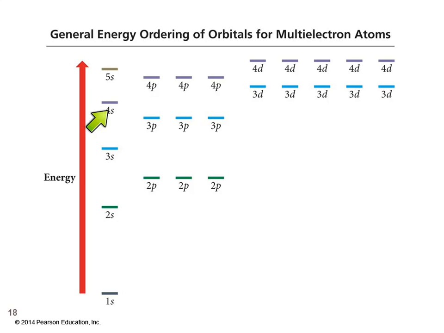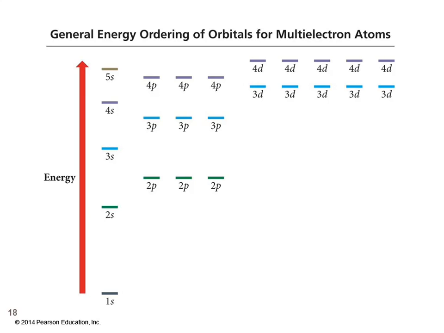So it goes 4s, 3d, 4p, 5s, 4d. You're like, oh my goodness, what a jumbled up mess. It looks like a mess. There are patterns though, and we'll show you how you can remember this without hurting yourself.